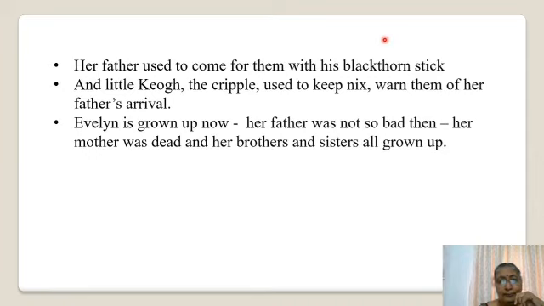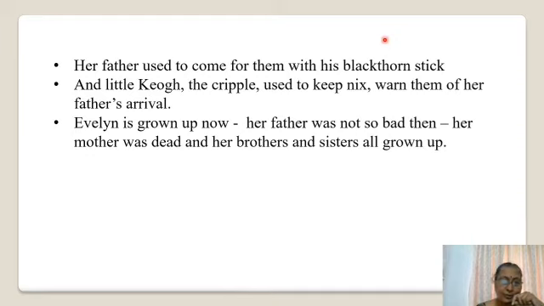So the warning of Keogh the cripple made them aware that the father was coming, so they had enough time to run away from the field where they were playing. All these are things that she kept in her memory, and she is now remembering them one after the other.